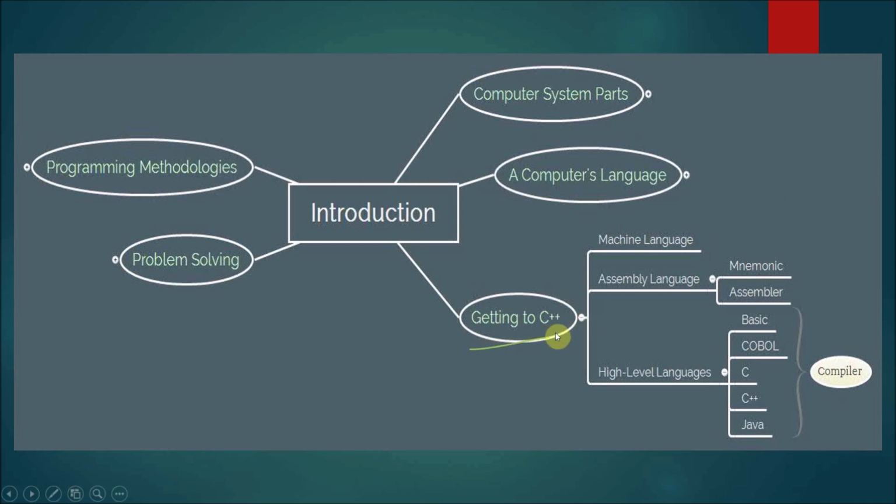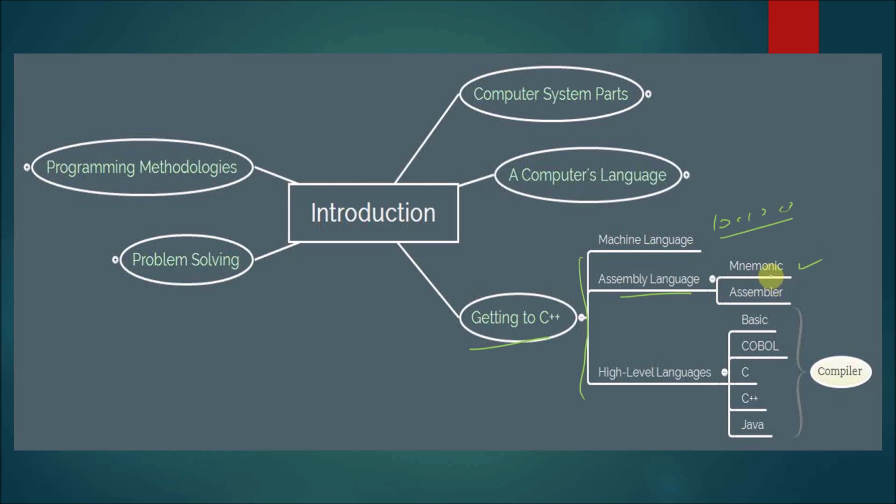Getting to C++. As we talked about before, machine language, the ones and zeros, is what our computer understands. But actually programming in these ones and zeros can be quite the daunting task. So it evolved, and we came next to assembly language, which uses mnemonics.